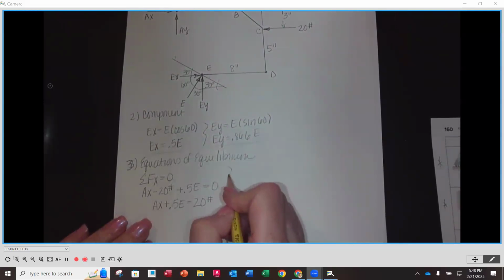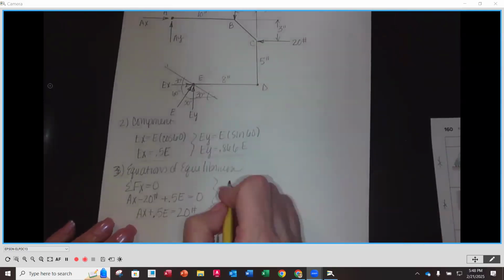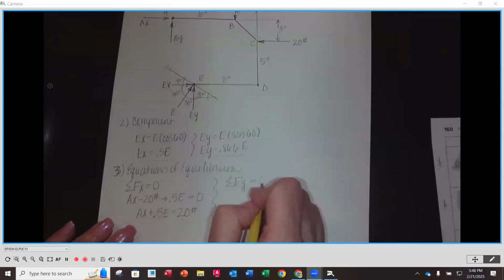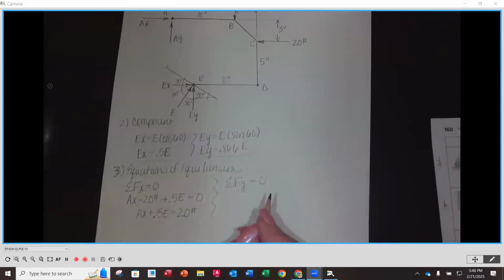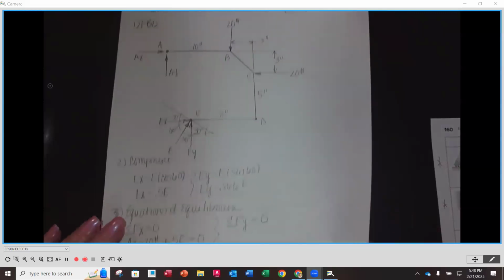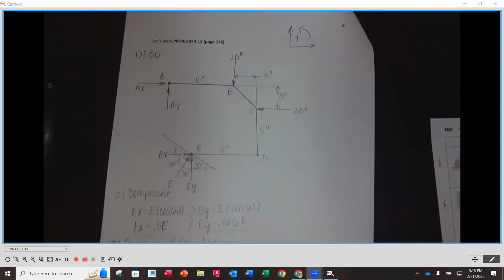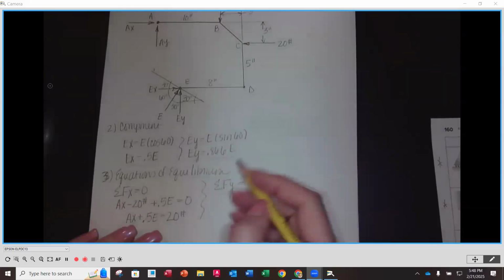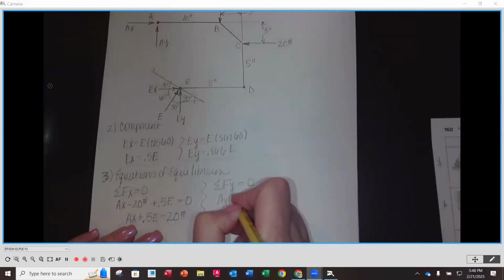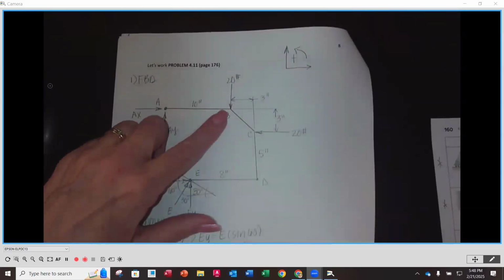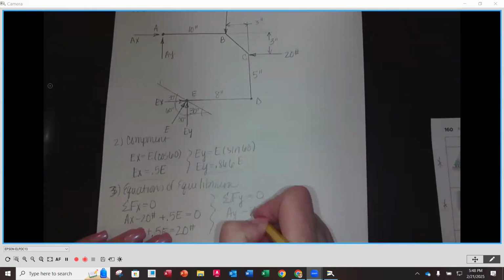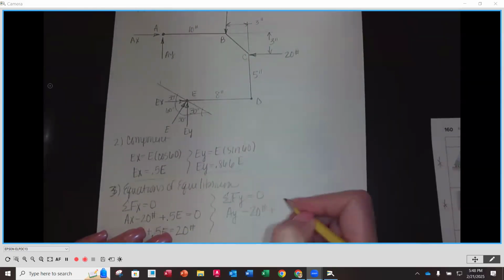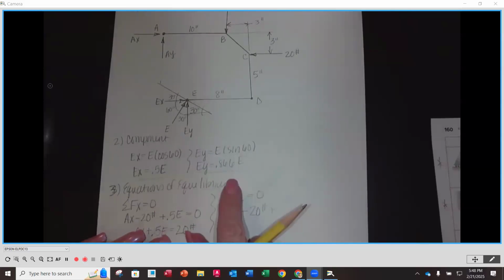So let's try our next equation of equilibrium. Let's try the sum of the forces in the y equals 0. Okay. So if we sum the forces in the y here, we're going to look just at vertical forces this time. So AY going up, minus 20 coming down, and then plus EY, but we're going to put it in terms of E here.